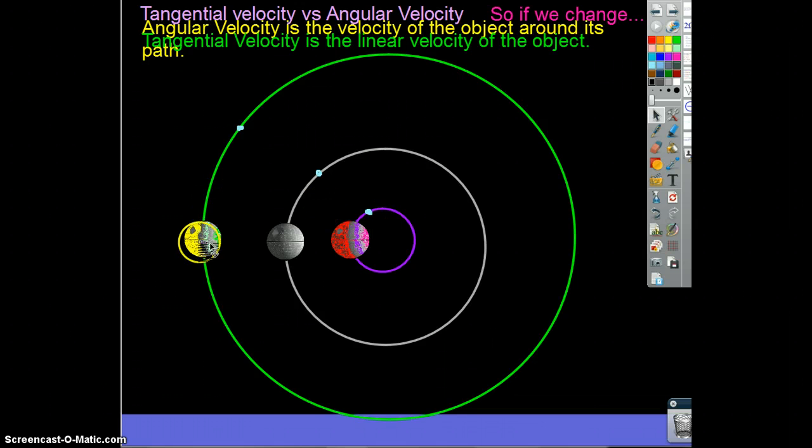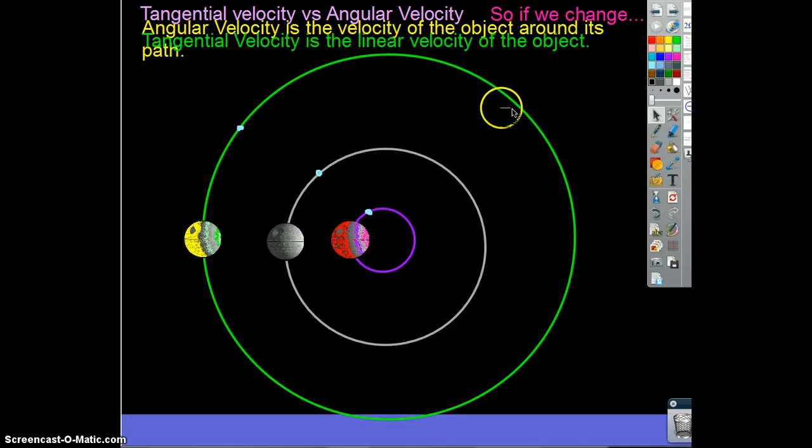You could easily say that the green one's going at least 4 times as fast as it orbits around. Its tangential velocity is much greater because it is covering a far greater distance in the same amount of time.